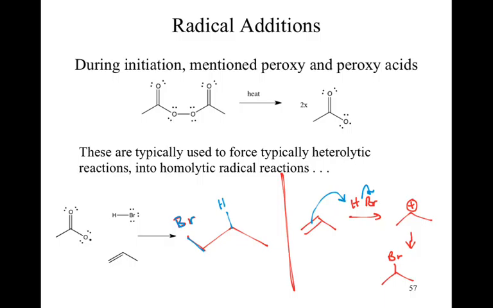Okay? This is again one of those reasons why Markovnikov as a rule is dumb. Depending on the conditions you're running under, you will see your hydrogen atom go to different locations depending on if it's acting as a radical or if it's acting as H+. We need to be very, very careful with assigning what's happening within those. Okay? So HBr now becomes another tricky reagent.